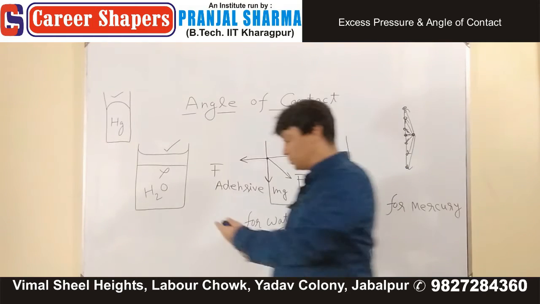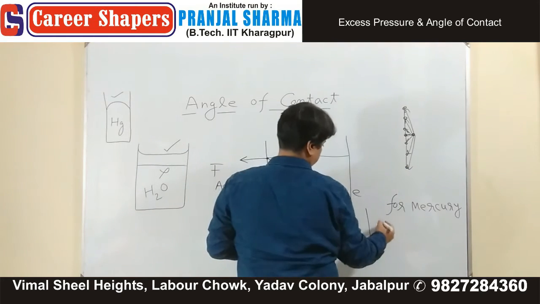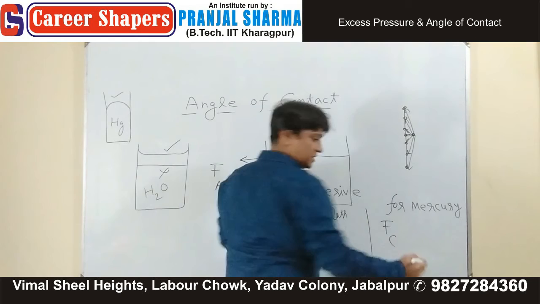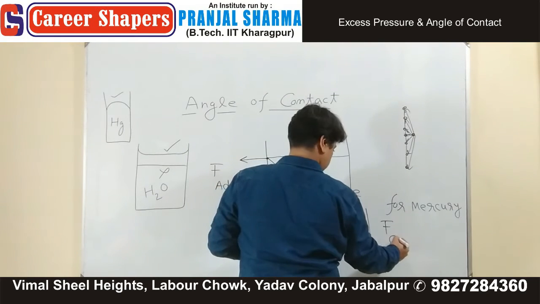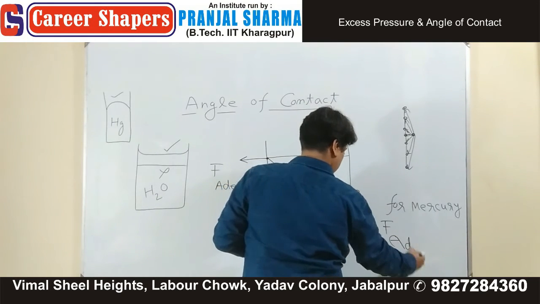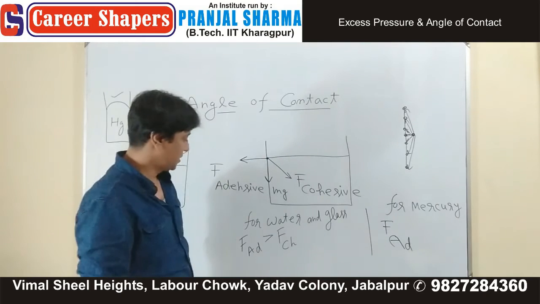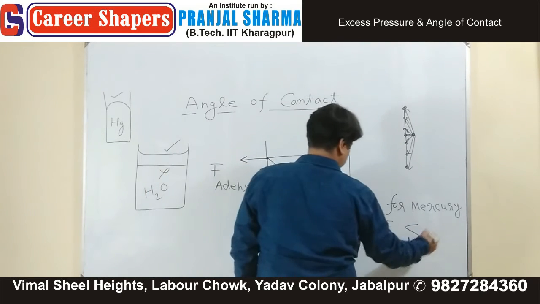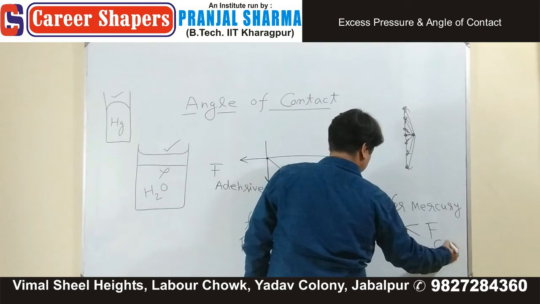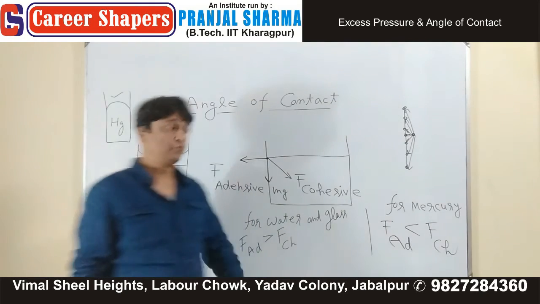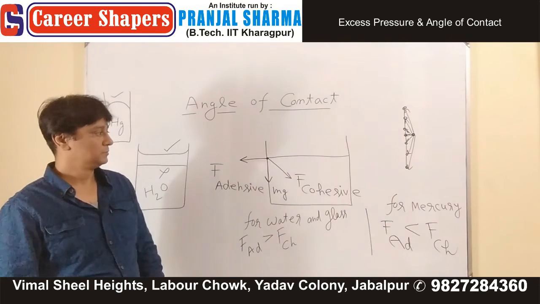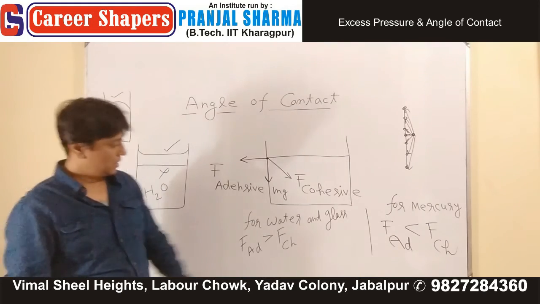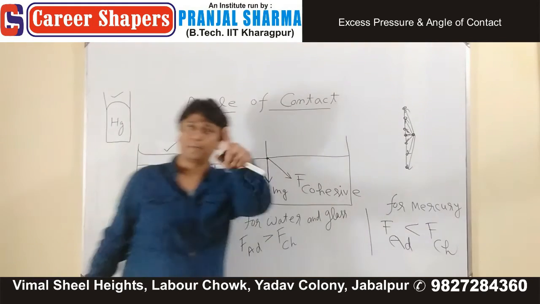In other words, you are saying that F adhesive, this is F adhesive is less than F cohesive for mercury. इसका मतलब क्या है वो देखना.